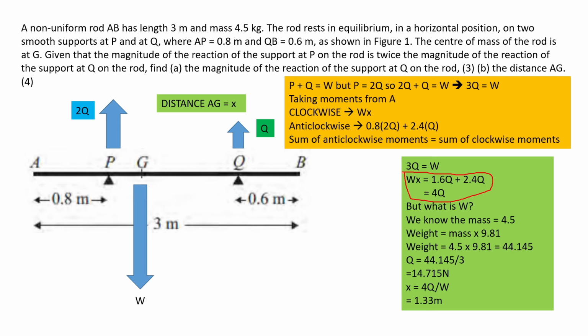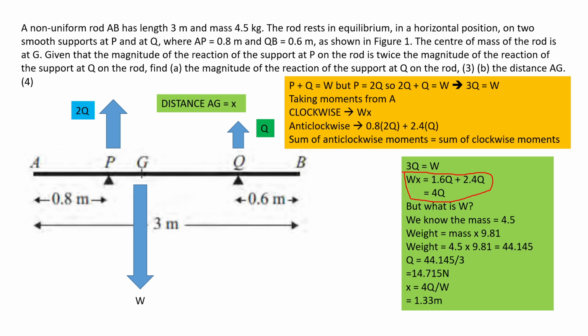Because you've worked out what Q is, you put it back into this equation, and you know that W is 44.145. So 44.145 X is equal to 4Q.